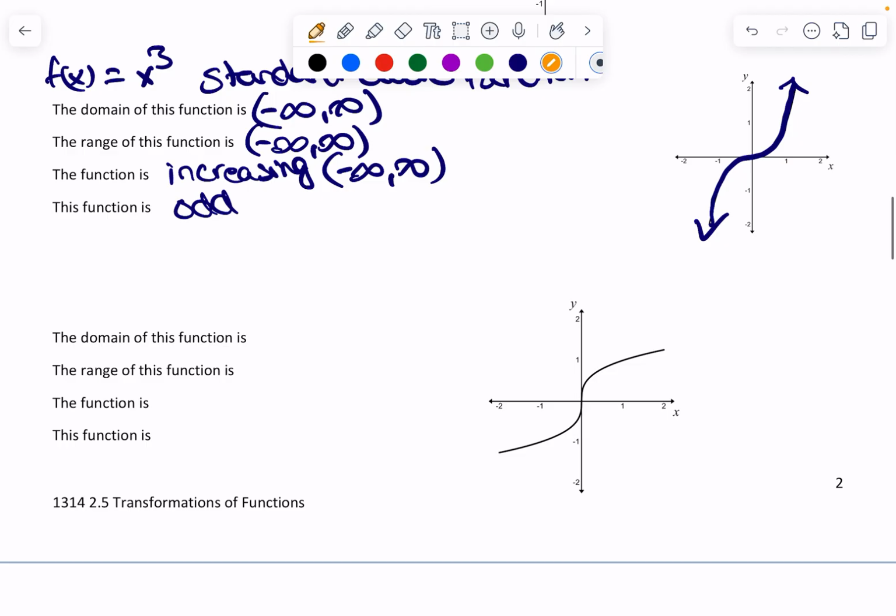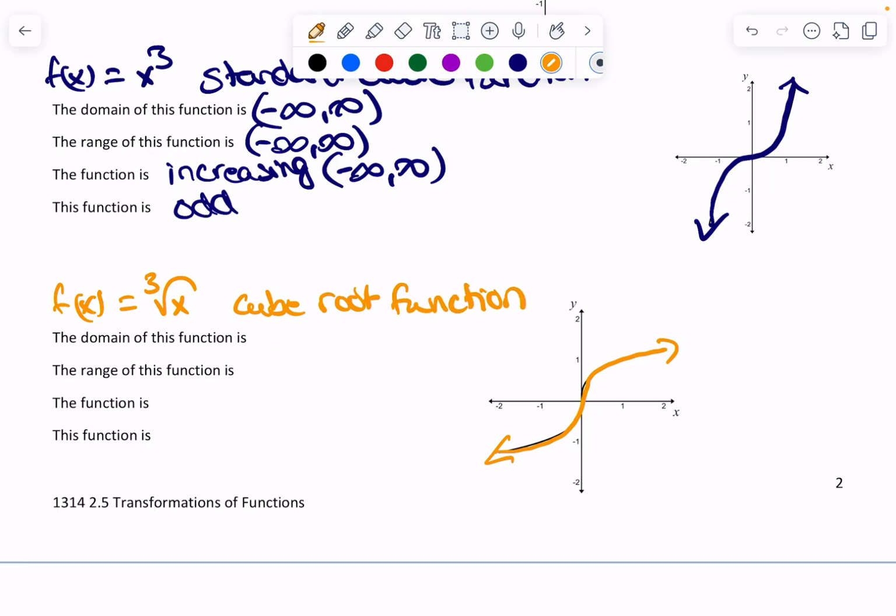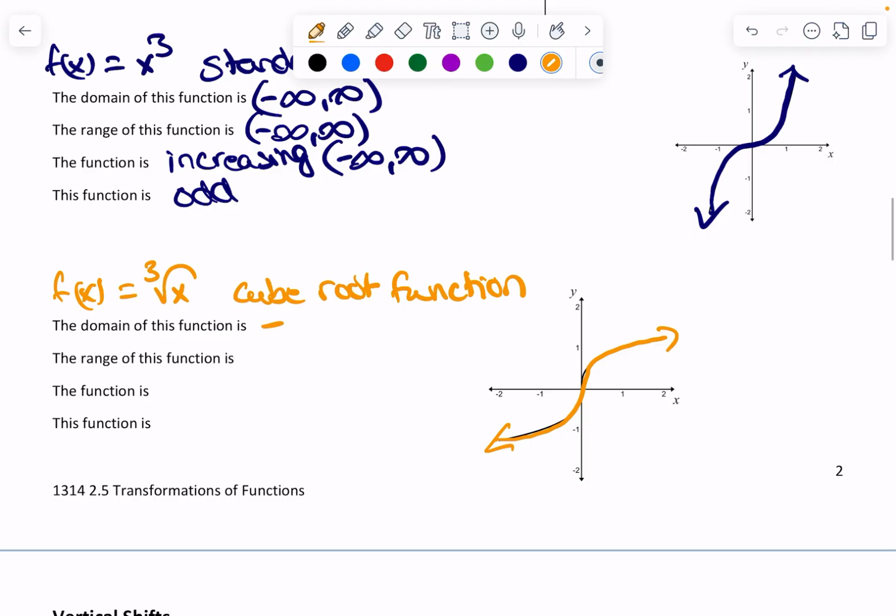All right, next one. The graph looks like this, and this function is the cube root of x, so it is the cube root function. The domain keeps going, again, from negative infinity to infinity, so it is all real numbers.